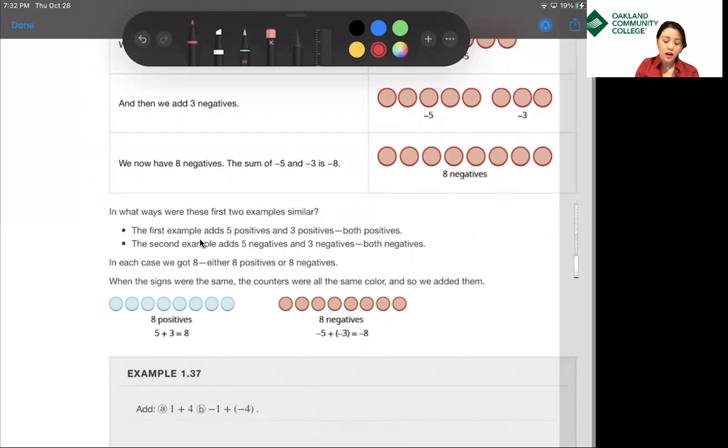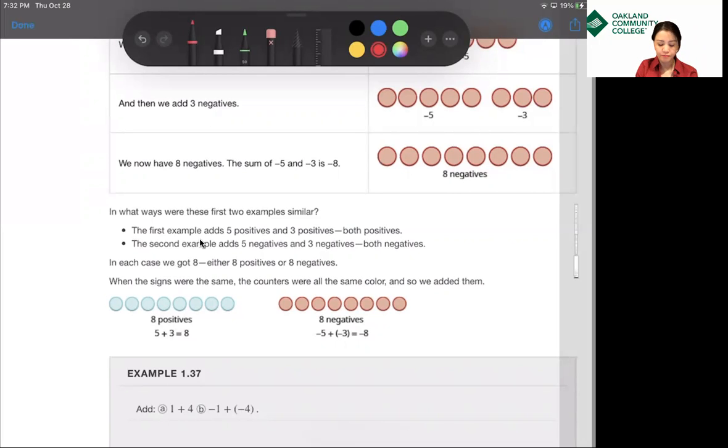Example B, I'm going to add -1 to -4. Remember, we represent negative in red. So I have 1 red ball, and then I add another 4 red balls. How many red balls do we have in total? 5. Right? So in a mathematical equation, -1 plus -4 is equal to -5.